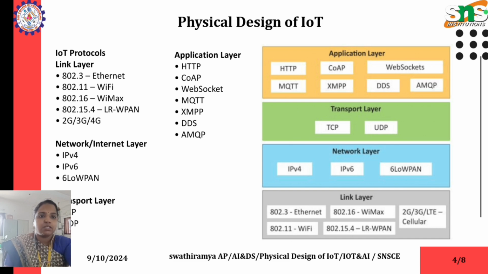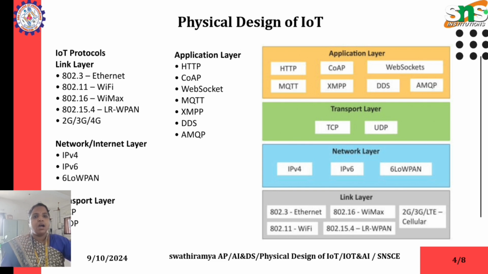Okay, so with this I am going on to the next layer. Before talking about it, let me say which protocols are available in the next layer; the remaining part will be discussed in the next session. The next layer is the application layer. The link layer tells the physical medium of transfer, the network layer tells how data is addressed and routed, and the transport layer protocols tell whether it is connection oriented or connectionless.